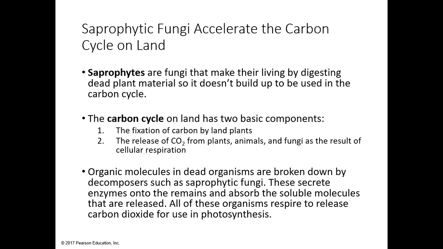So before there were these fungi, specifically during the Carboniferous period, where we got a whole lot of coal, that's where all that coal came from, all that excess carbon. Today, we see these really speeding up, like I said, the terrestrial carbon cycle.